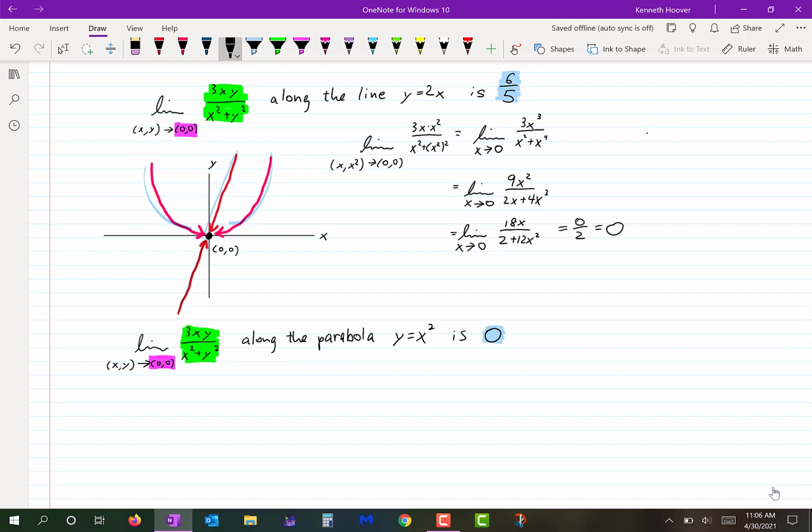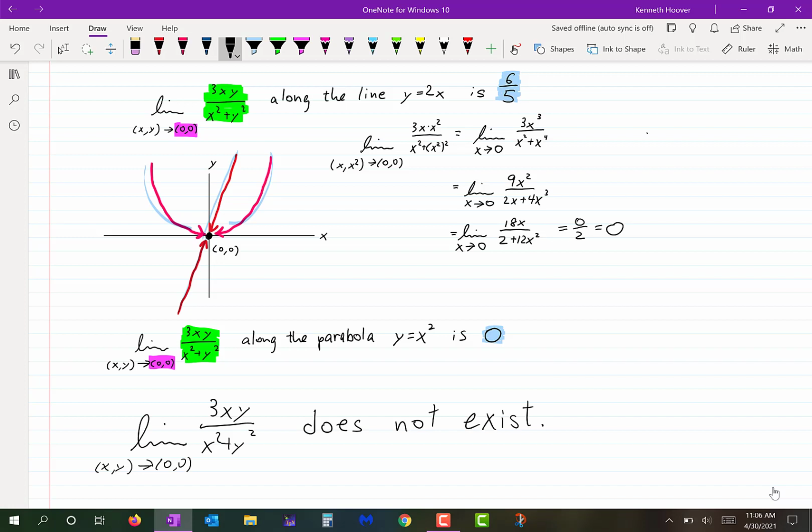This tells us that the limit of our function as xy approaches the origin does not exist. Why does it not exist?